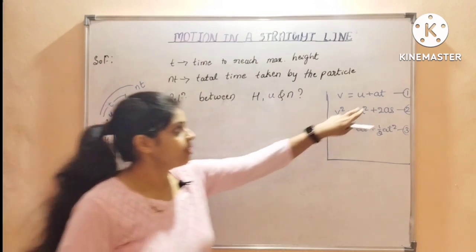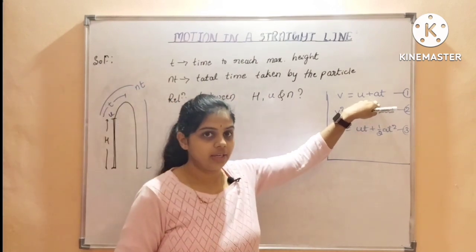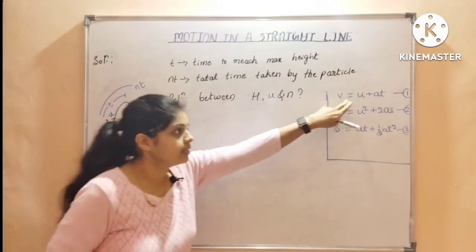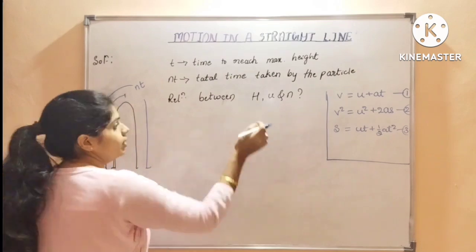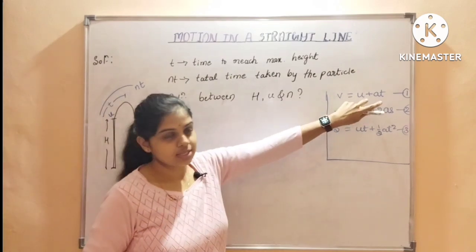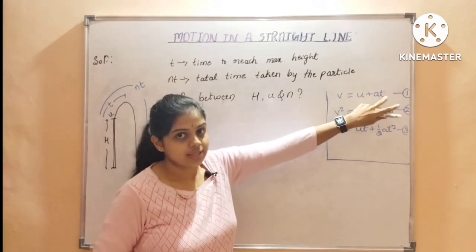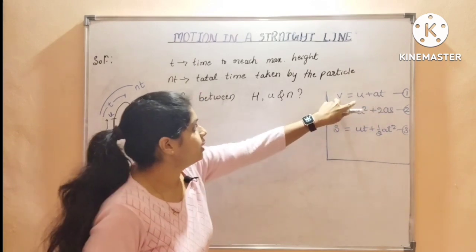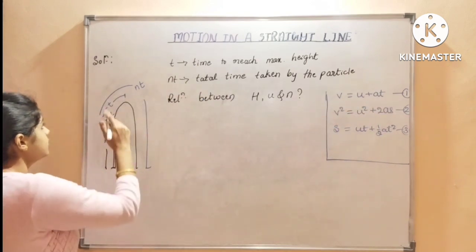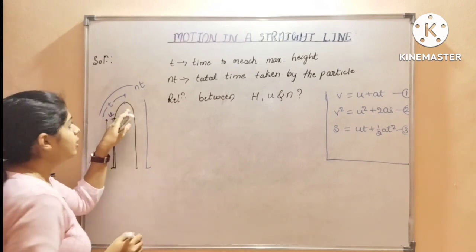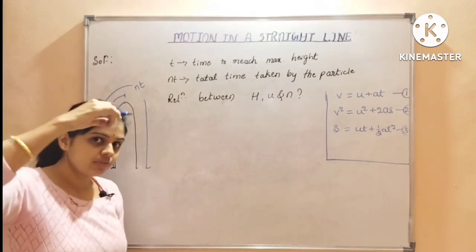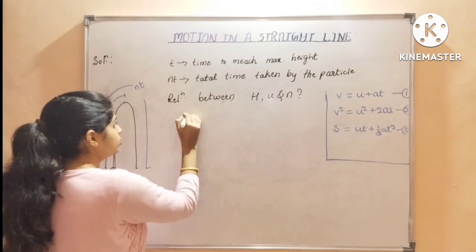Now let us apply equation number 1, v equal to u plus at, in this question. V is final velocity, u is initial velocity, a is acceleration, t is time. Let us consider the situation of the particle at maximum height. Now at maximum height, what is the velocity? V equal to 0.